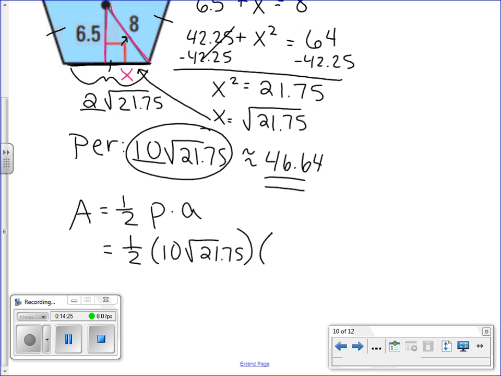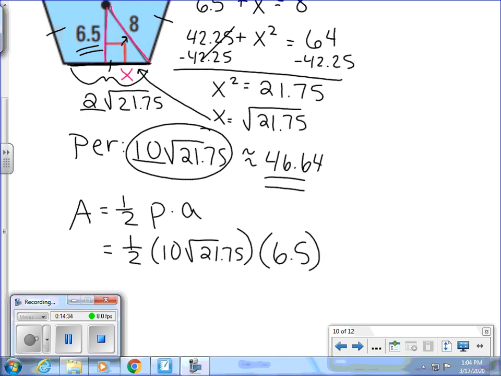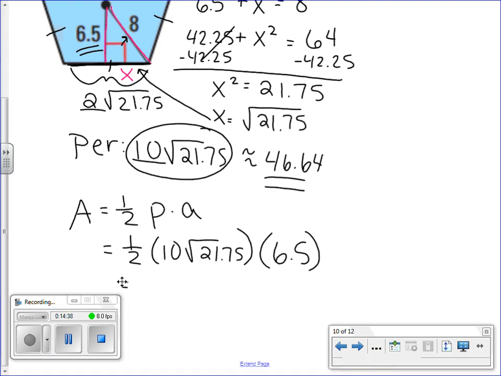And I'm going to multiply that by my apothem. And if you look at the figure, the apothem is 6.5. When we plug this into our calculator, we end up getting 151.57 as our final answer.